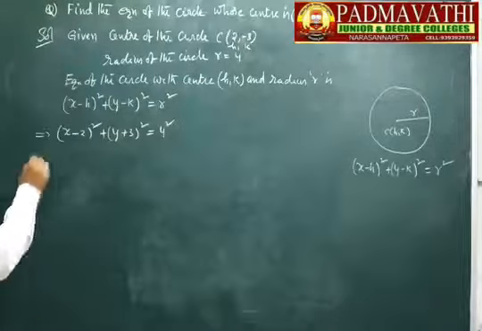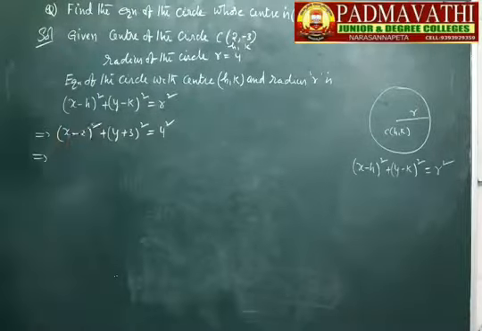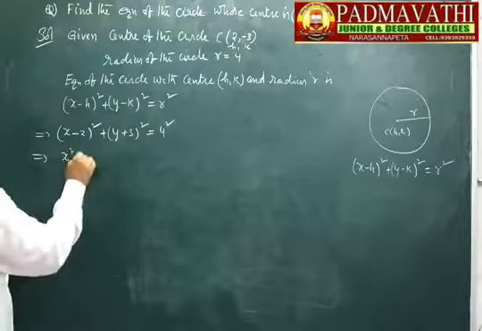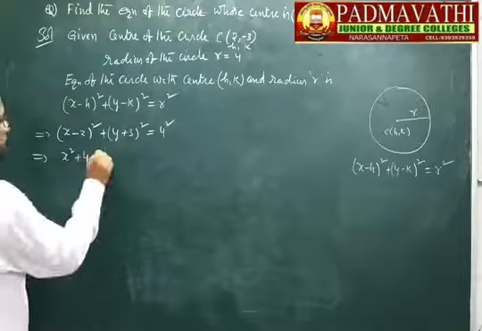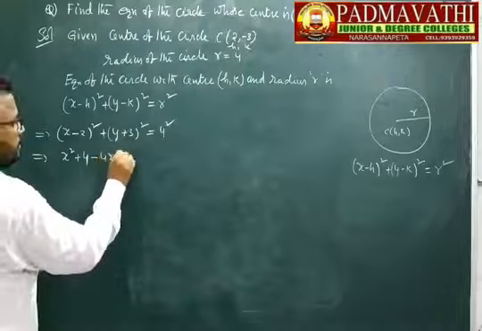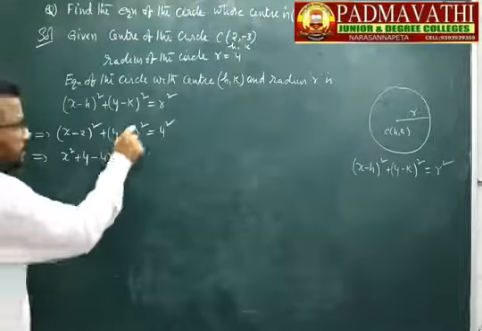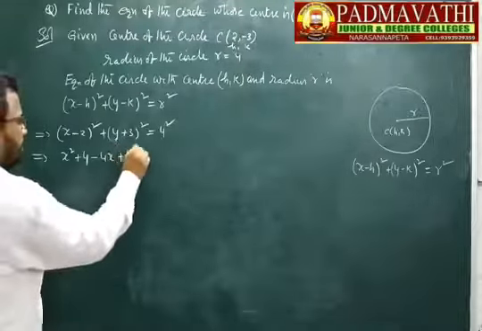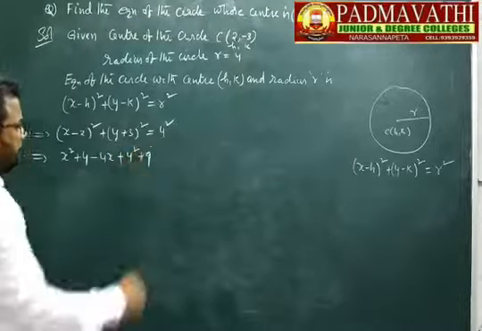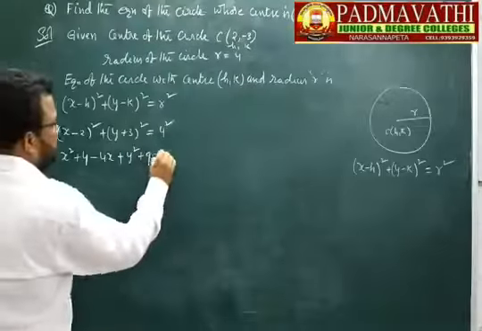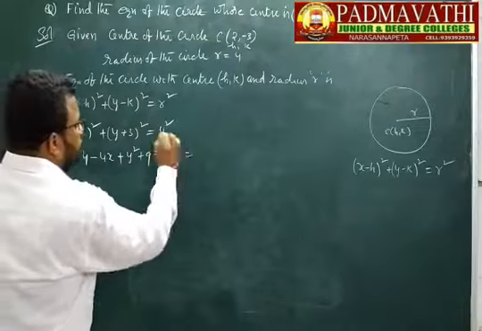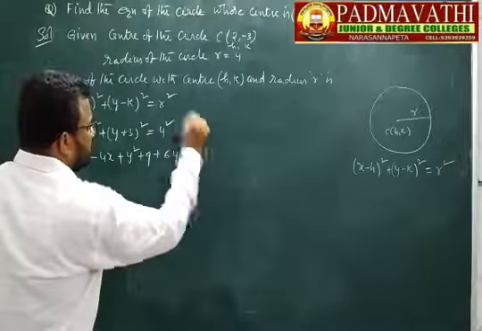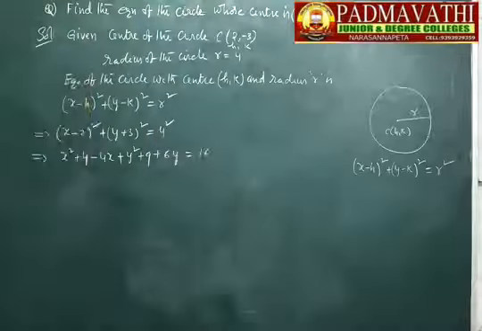Simplify this equation using (a - b)² = a² + b² - 2ab and (a + b)² = a² + b² + 2ab. That gives x² + 4 - 4x + y² + 9 + 6y = 16.